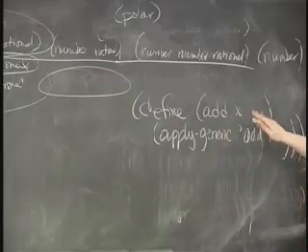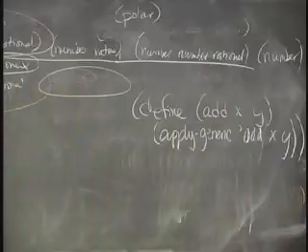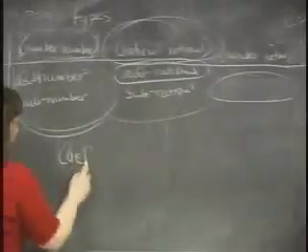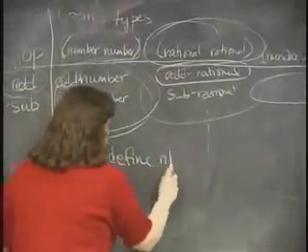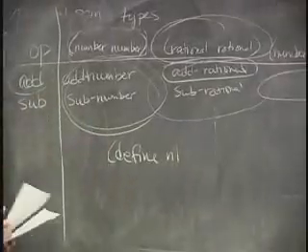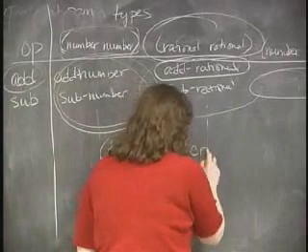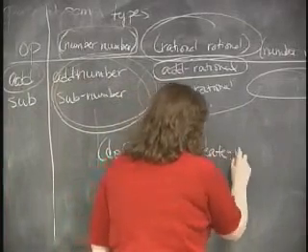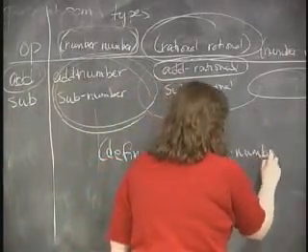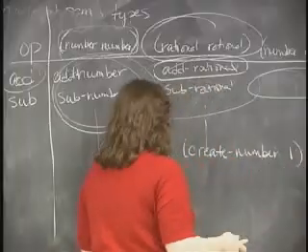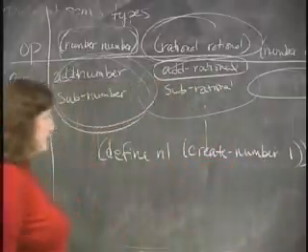So if we say add and we pass in 2 things, it's going to call apply generic. So let's define a couple of numbers. Let's define n1, a number, to be create number 1. The generic number package is on page 2 of the handout.